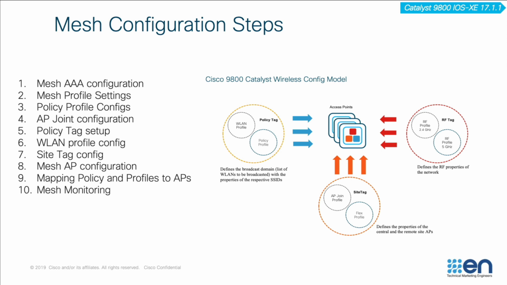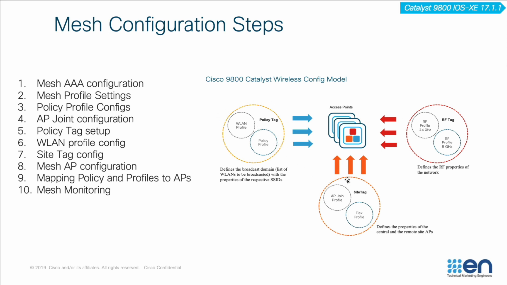With the IOS XE operating system on the Catalyst 9800, we have these new configuration parameters when we deal with WLAN profiles, policy profiles, and then policy tags, as shown on the left side of this graphic.